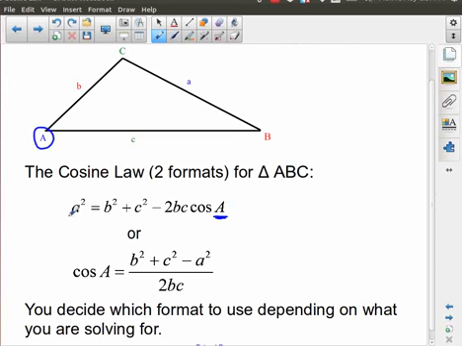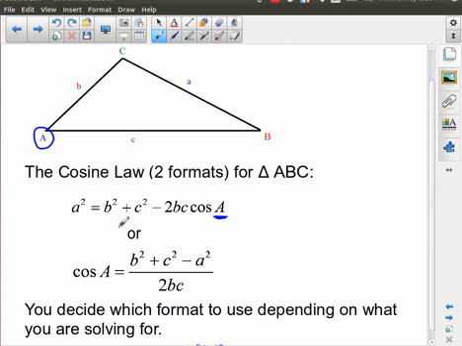So in addition to this very Pythagorean looking relationship, we also end up with this additional part. And so you can see the relationship between the angle A and the side across from the angle A is in terms of the side lengths of the other sides. So if I'm interested in this side A, then I also need to know the side B, the side C, and the angle across.